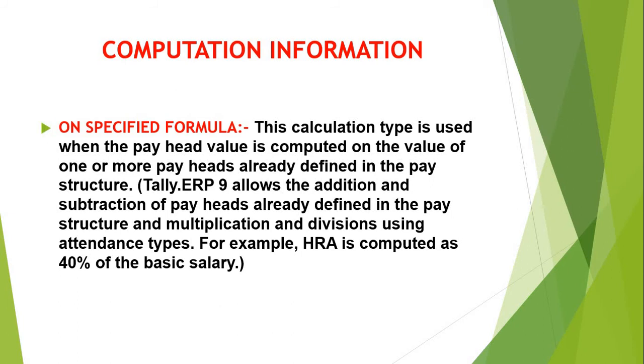Next one, on specified formula. This calculation type is used when the pay head value is computed on the value of one or more pay heads already defined in the pay structure. For example, now I have already created basic salary.